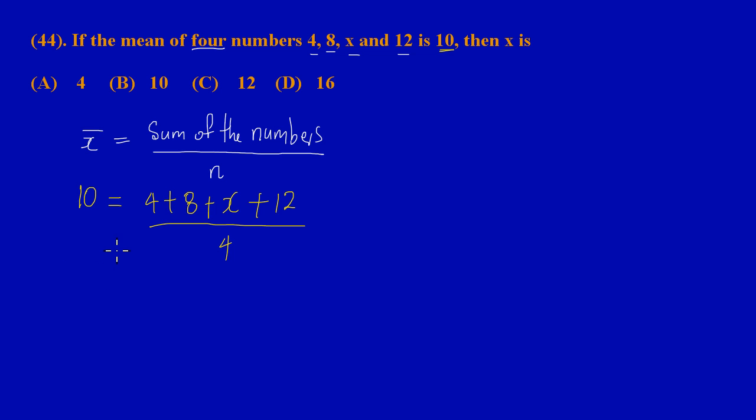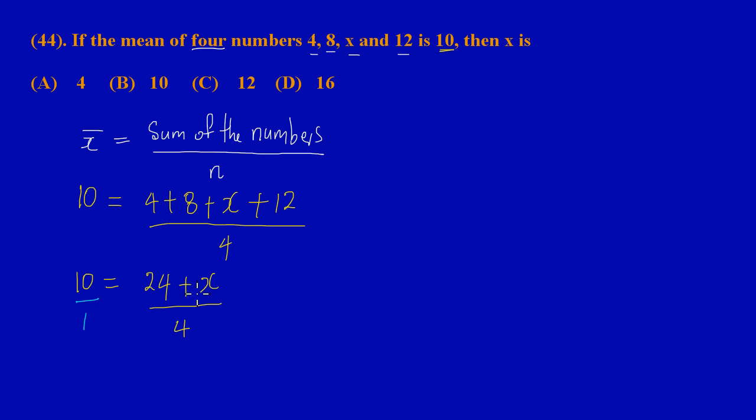So basically here, my friends, we could simplify this by saying 10 is equal to 4 plus 8, that will give us 12, 12 plus 12, that's 24. So here we have 24 plus x, divided by 4. Since we have a fraction here, we can divide through by the lowest common denominator, which is 4.